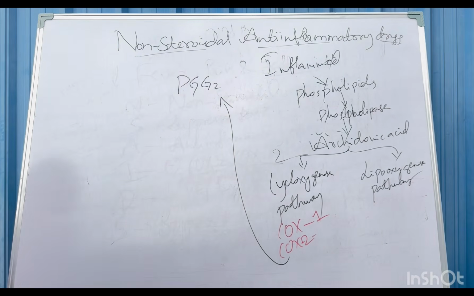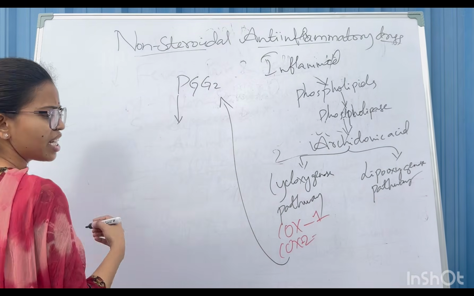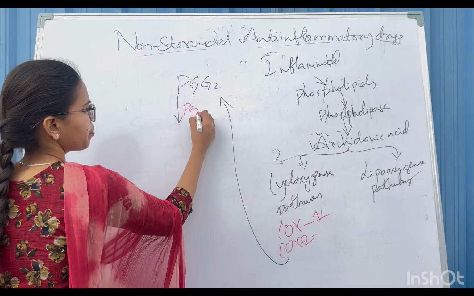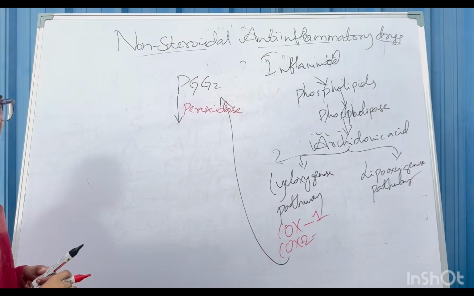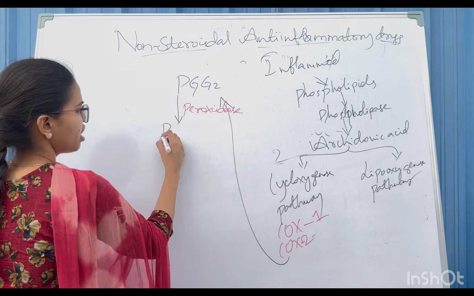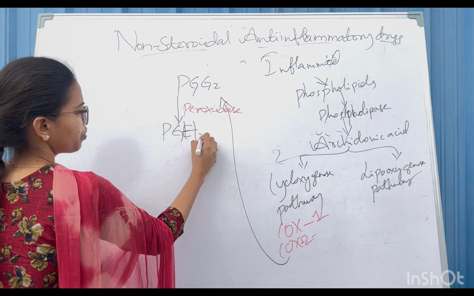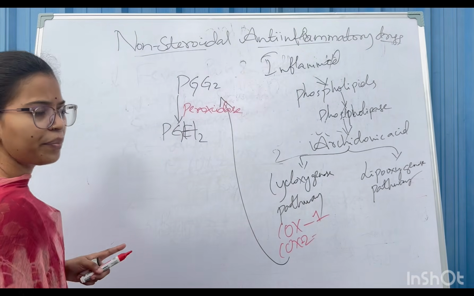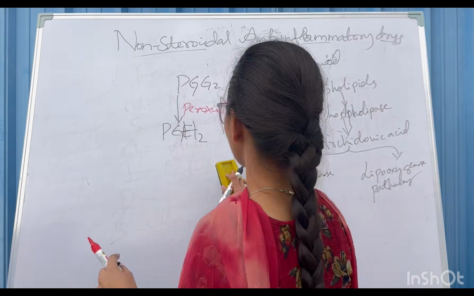In the presence of peroxidase enzyme, prostaglandin G₂ is converted to PGH₂, which is prostaglandin H₂.